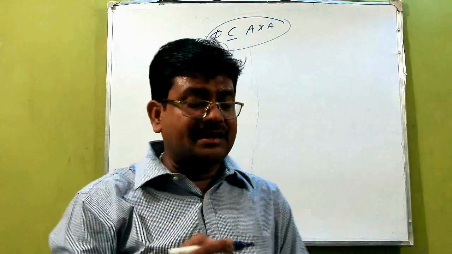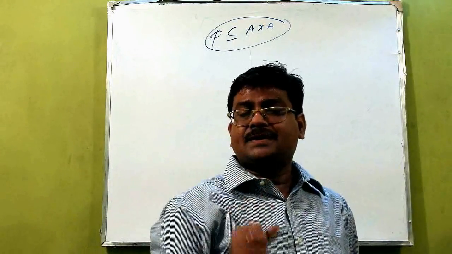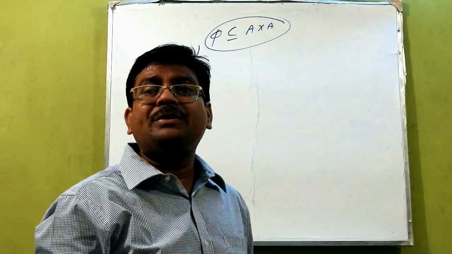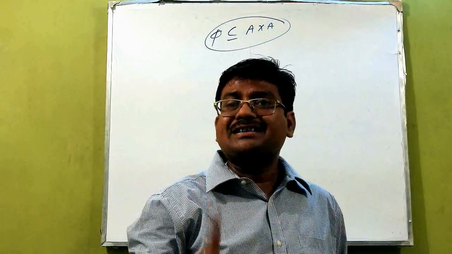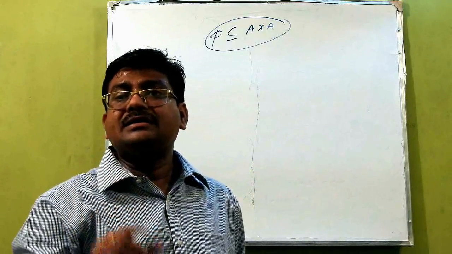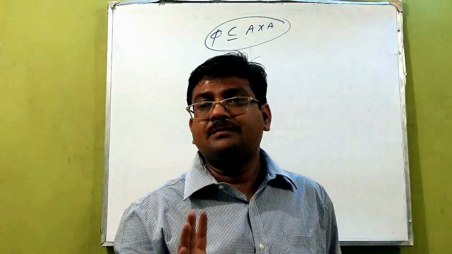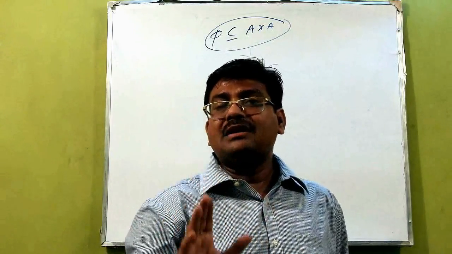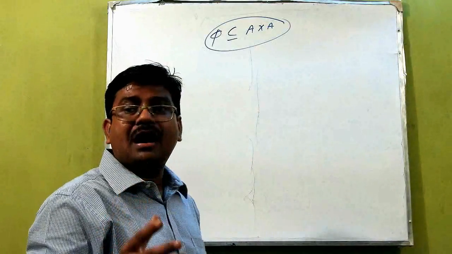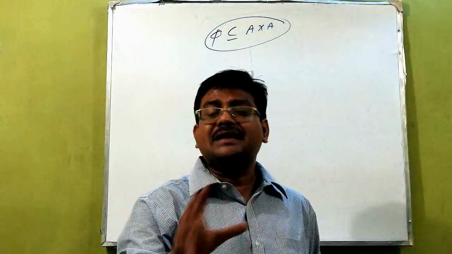Then come to universal relation. Universal means, we know, all things. Therefore, a relation R is said to be a universal relation on a set itself if R is equal to A cross A. Therefore, all elements of R and all elements of A cross A are the same.